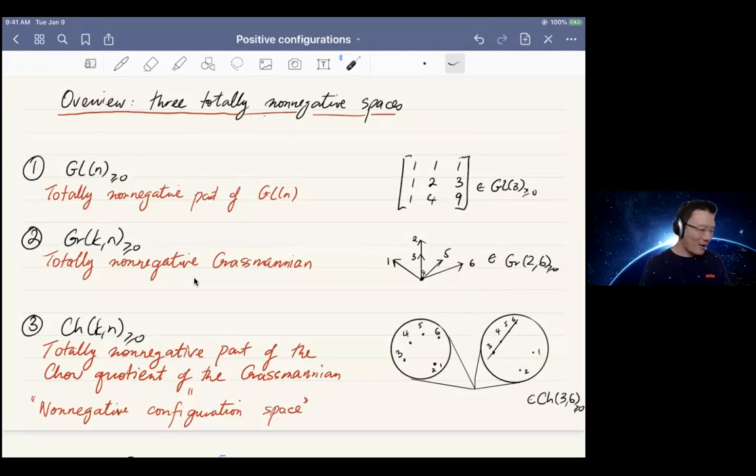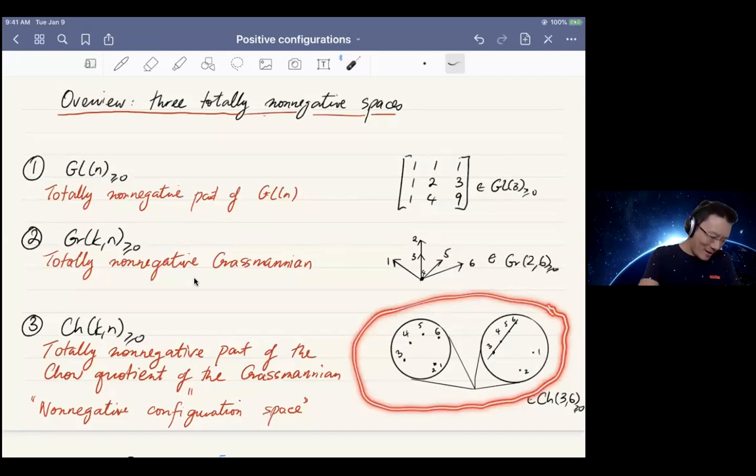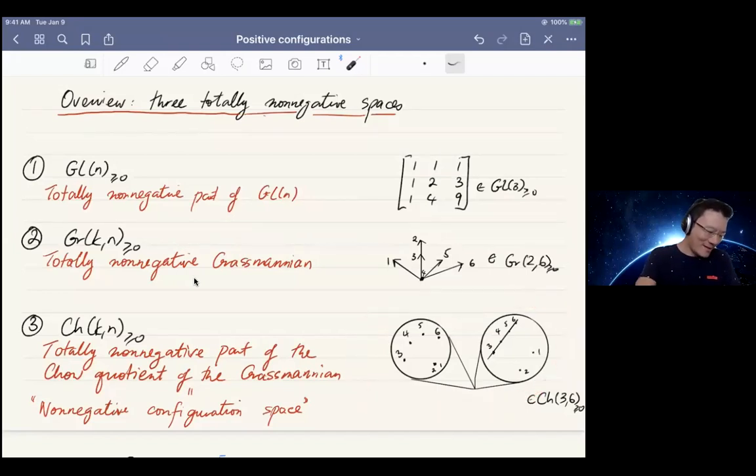All three of these things are topological spaces. To describe a point in the first space, I give a matrix. To describe a point in this third space, I've drawn a picture of a point, which is a 2-point configuration. This is like the (3,6) case, and what I've drawn is a point configuration in P2 and another point configuration in P2, and they're compatible in some way.